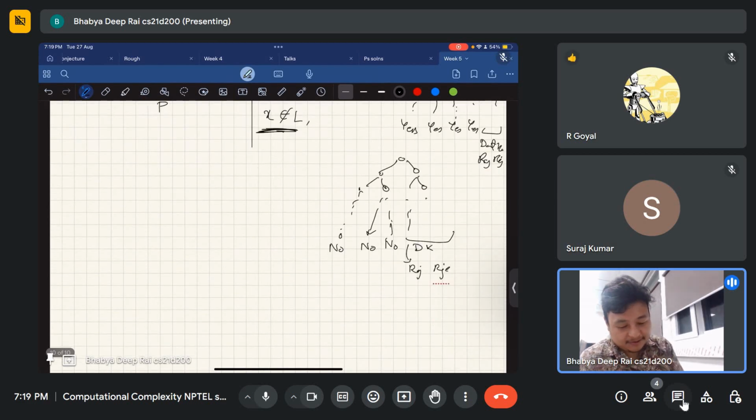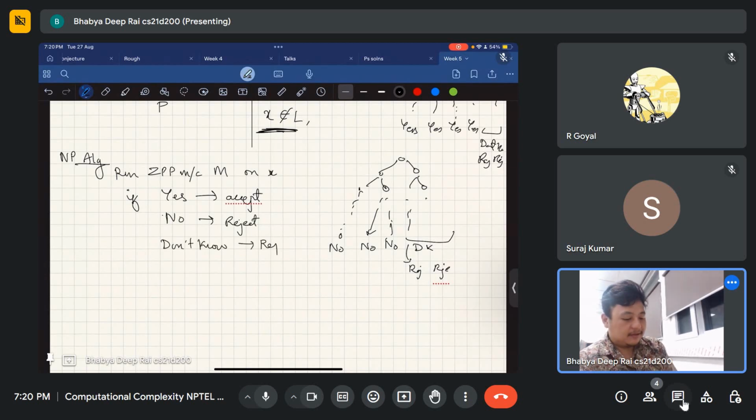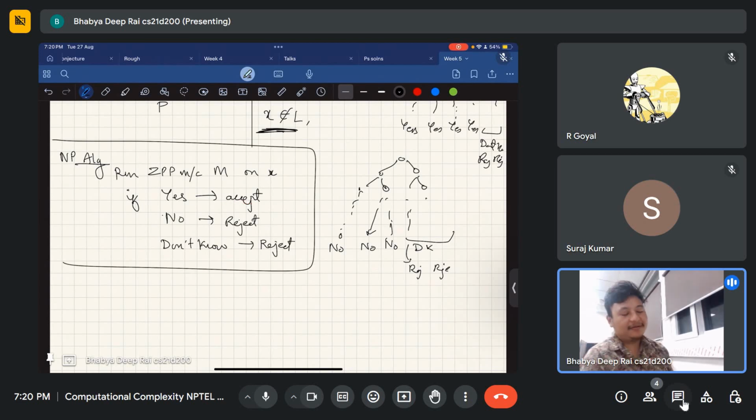Right. So the algorithm is as follows: run ZPP machine M on X. If this is the NP algorithm, if yes, then accept; if no, then reject; if it says don't know, then reject. Yeah, this is an NP algorithm. This is valid.